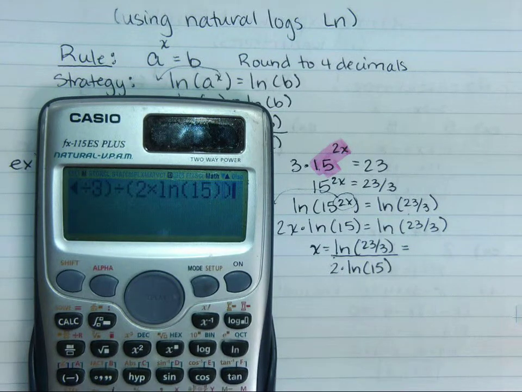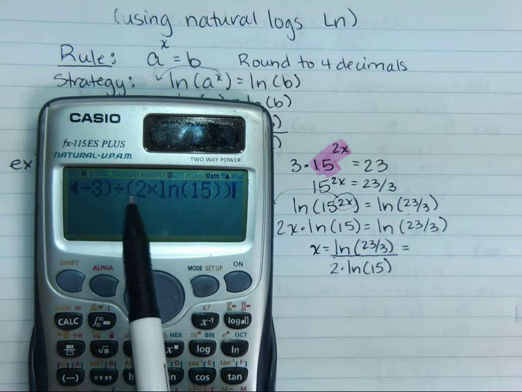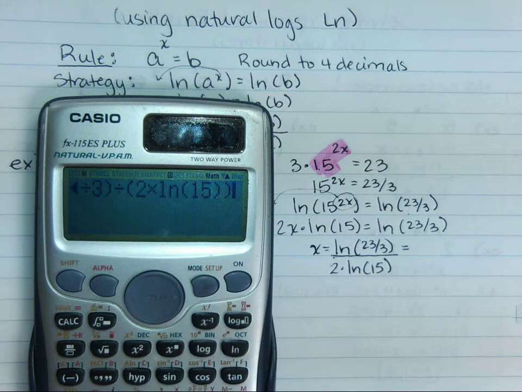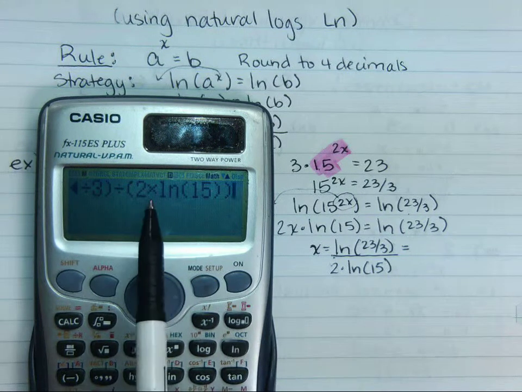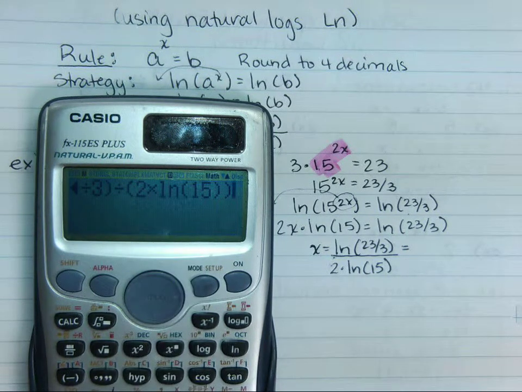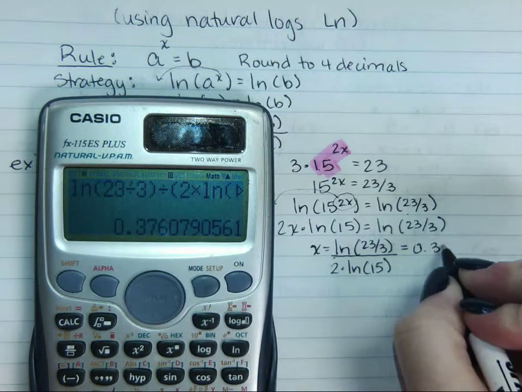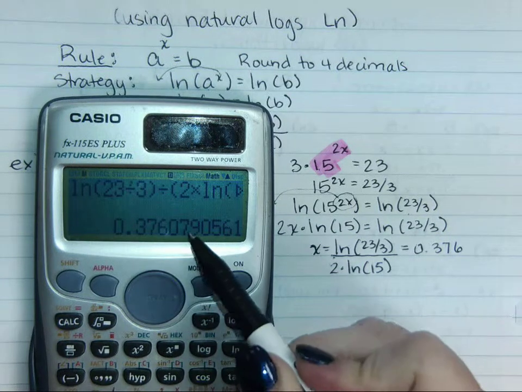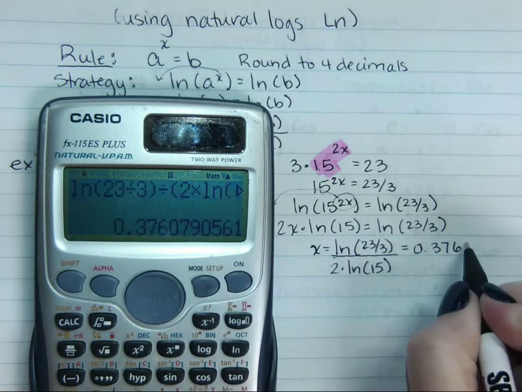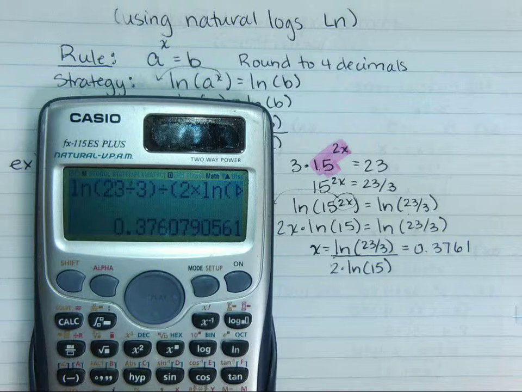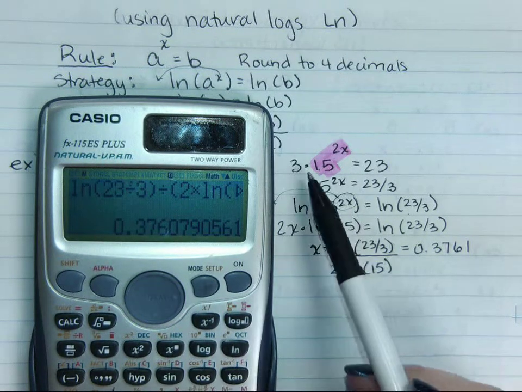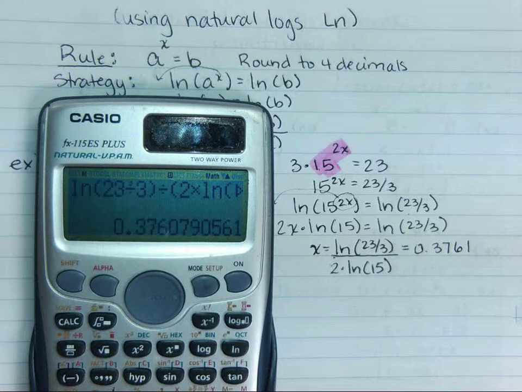And what you're going to notice is that I need this outer set of parentheses to show where my denominator is, and then the operations that are happening in that denominator before I can hit the equal sign. All right, so 3, 7, 6, and this 7 is going to make this go up to 1. And so that's my approximation for the value of x that I would need to make these both true statements.